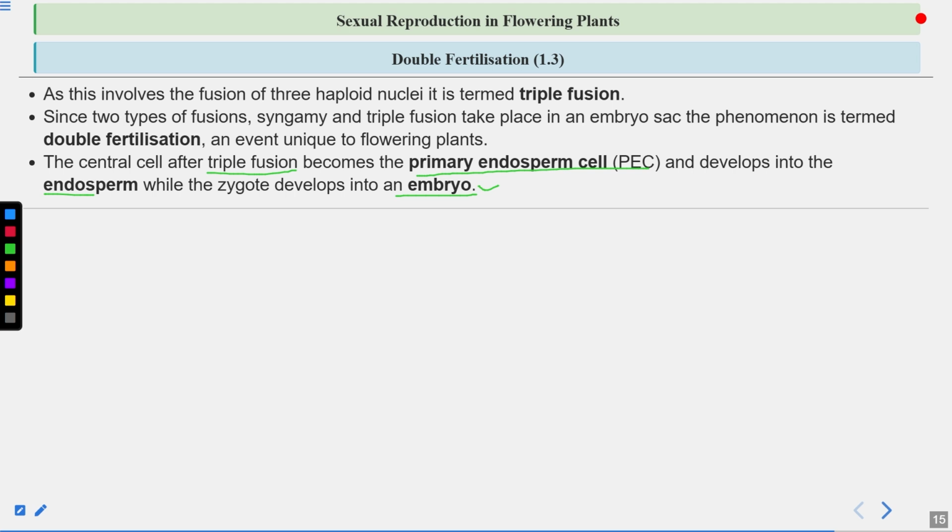Though the zygote forms earlier and triple fusion takes place later on, the embryo will remain at that particular stage only, and when the endosperm forms, then this zygote will start dividing and will form the embryo later on. Okay.